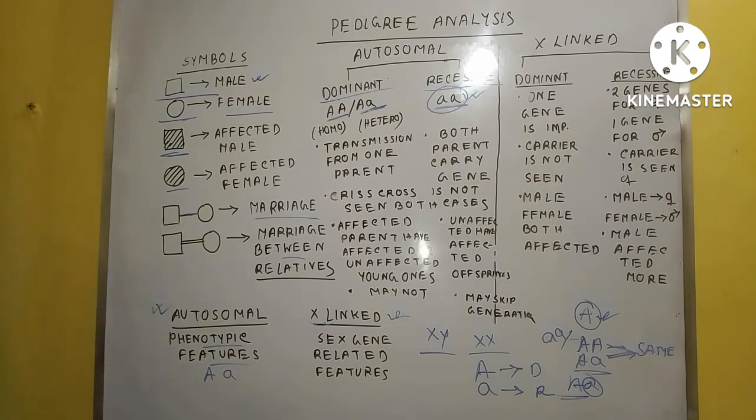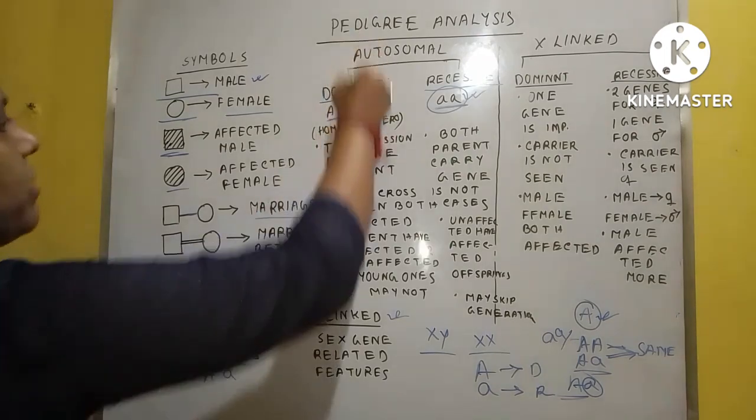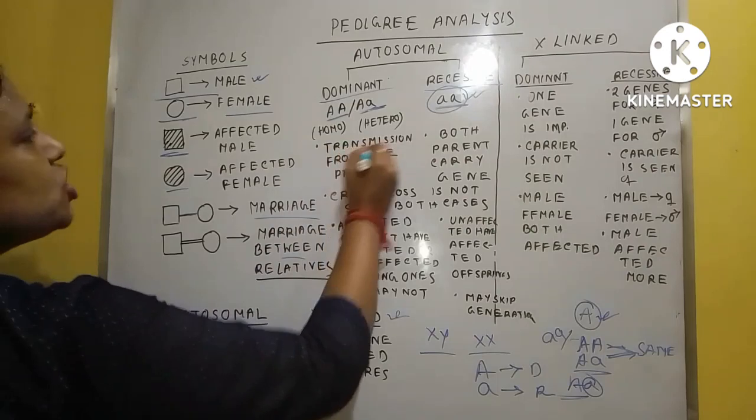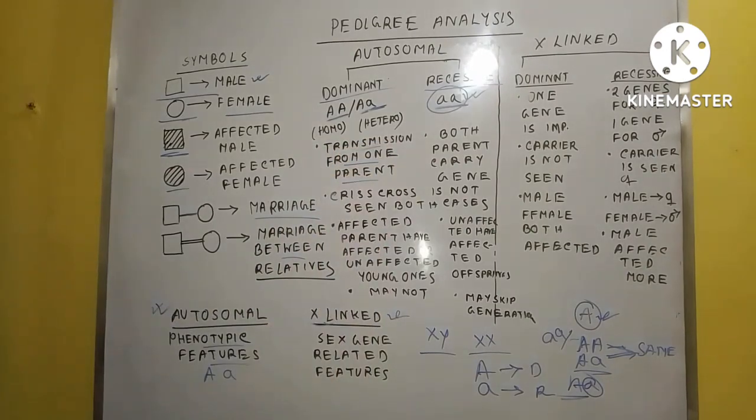In case of pedigree analysis, some important things we have to keep in mind before analyzing any pedigree tree. In case of dominant, transmission from one parent is possible.